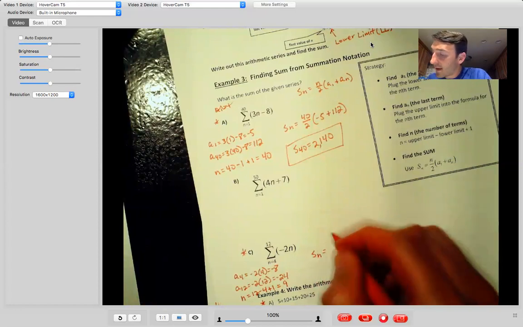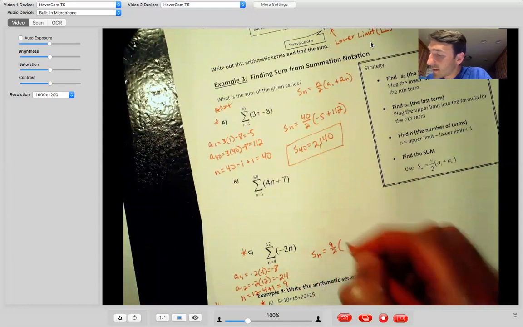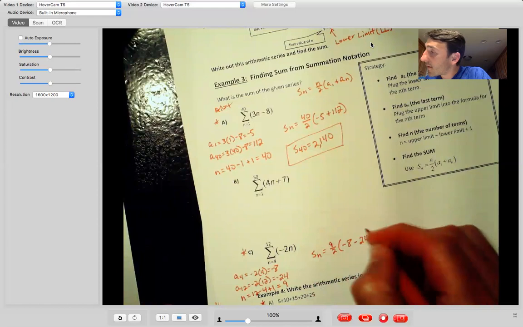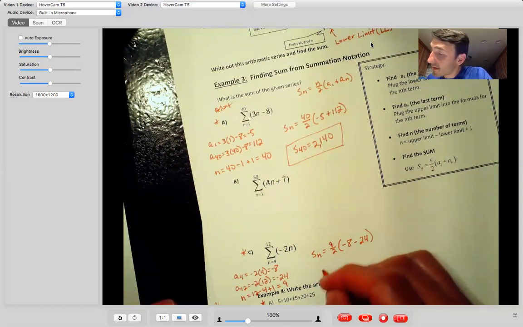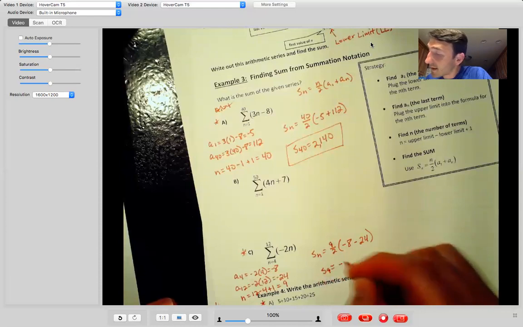So we're going 9 over 2 times the quantity, -8. I'm just going to write minus 24. And so we get S sub 9 equals -144.